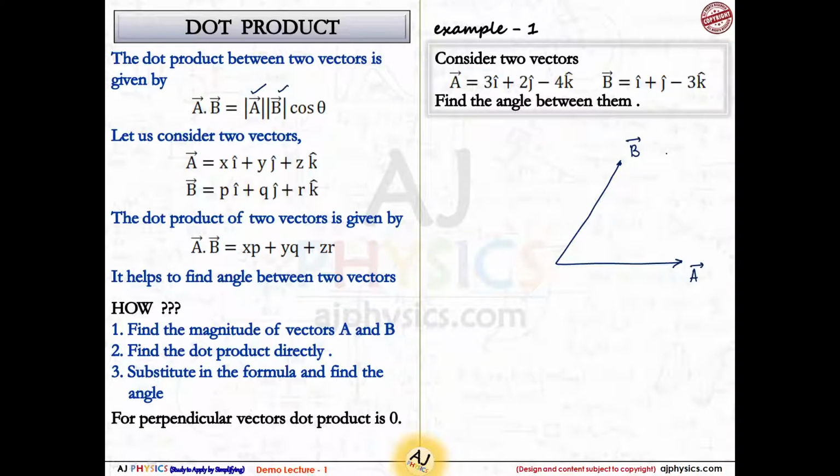The dot product has a use when we discuss the scalar product, which I'll discuss in further lectures. But here, how is it helpful in vectors? If we have an angle between two vectors, any angle theta, we can find that angle theta with the help of the dot product. So a dot b, which is equal to 17 as we have already found, equals the magnitude of a times the magnitude of b.